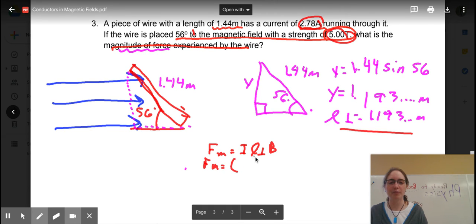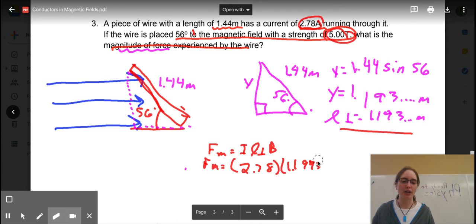So for my F magnetic, I'm going to take my current of 2.78, that's a lot of amps, and multiply that by my full number, 1.193.